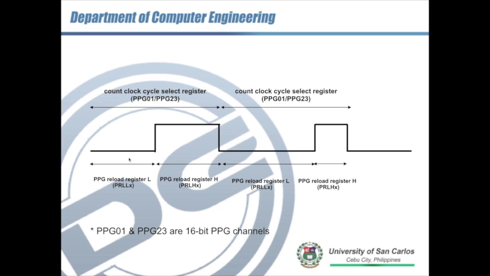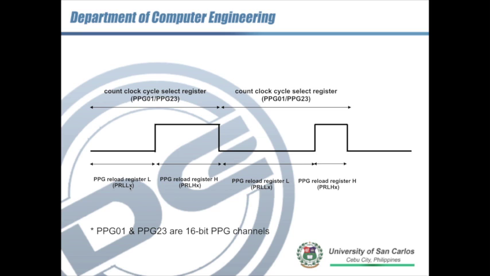Now to illustrate further, the count clock cycle register for the PPG01 and PPG23 actually counts the period of the signal, while the two reload counters count the high and the low signals of our pulse.